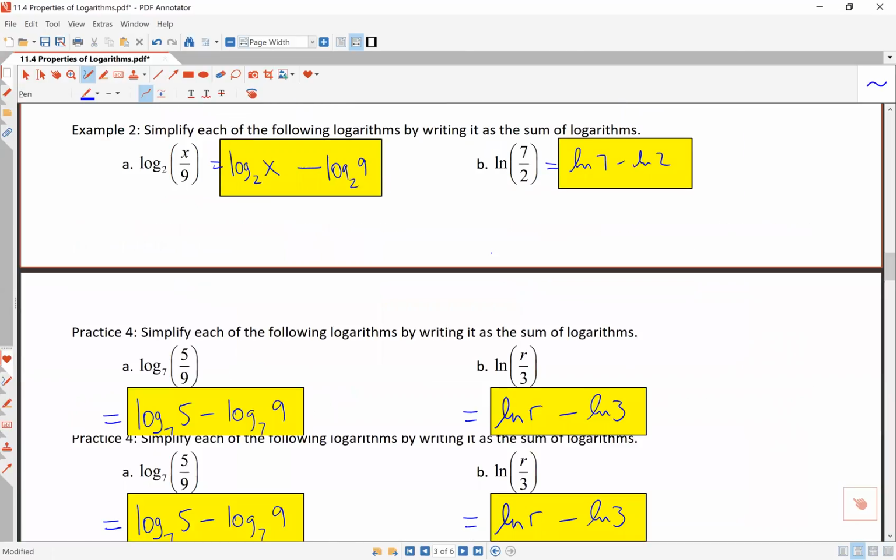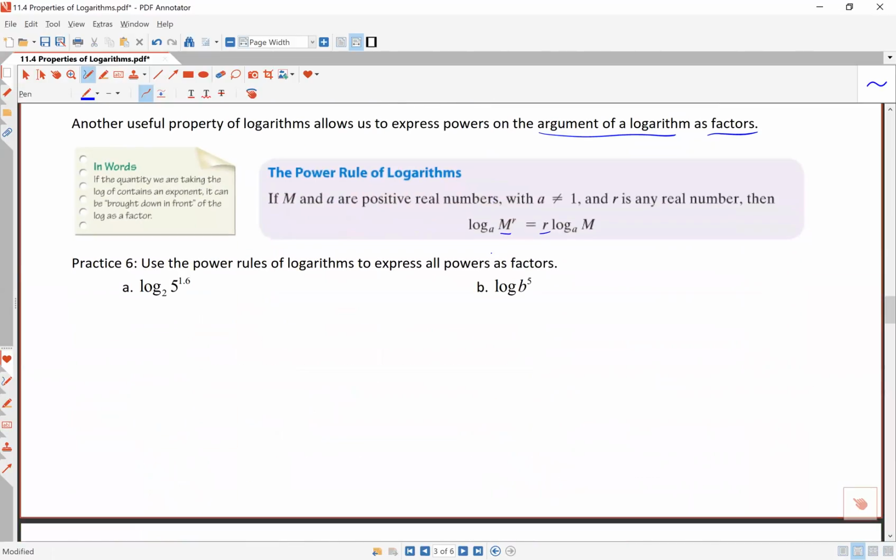So this property refers to when the base and the argument don't match. All it says is that the power is going to come down in front, r times the log base a of m.